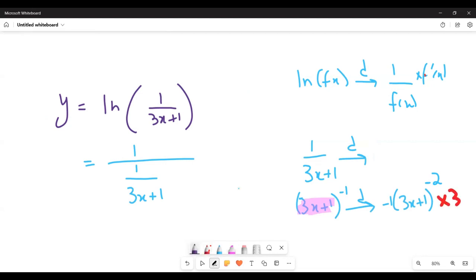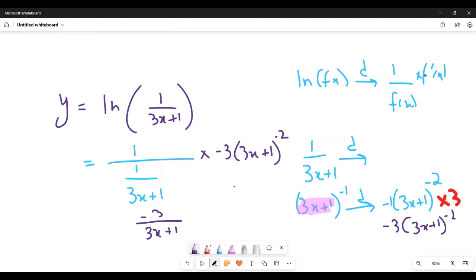So it's going to be minus 3x plus 1 power minus 2. So multiply that here as well. Minus 3x plus 1 power minus 2. So this would be minus 3 upon 3x plus 1 square.